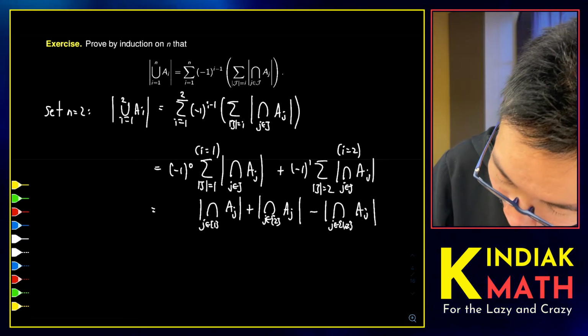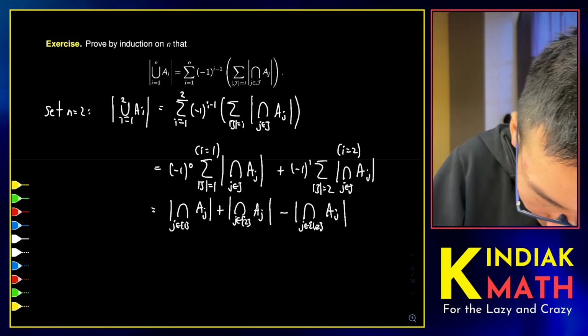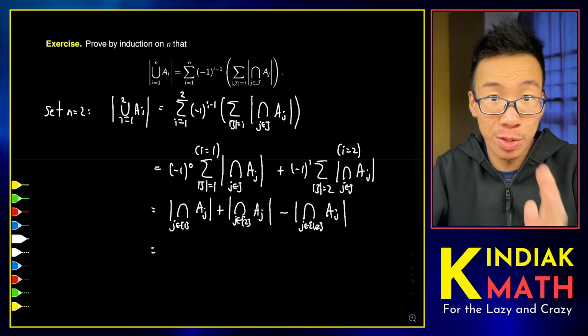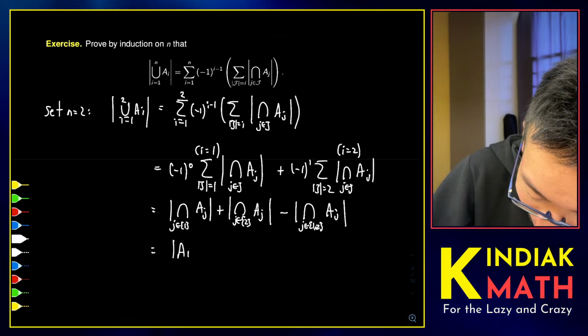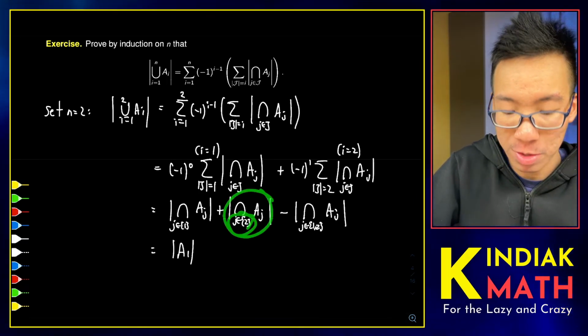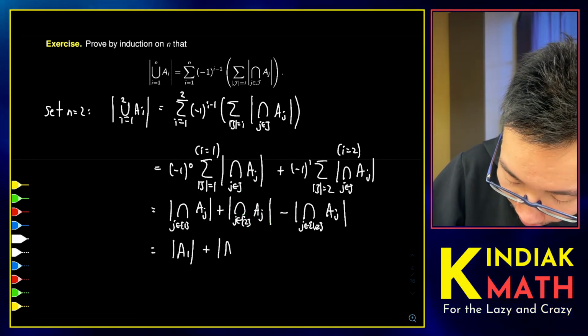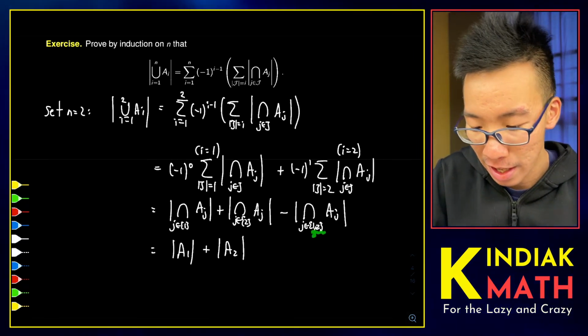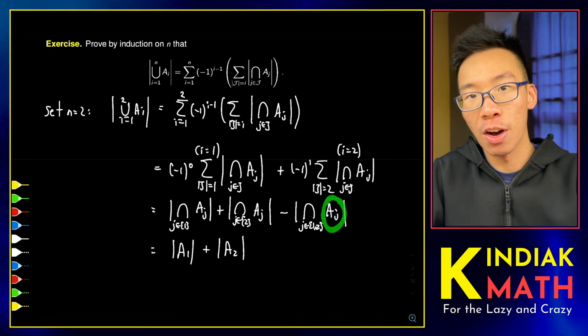And let's unpack this definition over here. If we consider j in {1}, then there's only one option. That will be A1. If it's j in {2}, there's only one option here. That will be A2. And then if j is 1 and 2, then you're getting an intersection of A1 and A2.